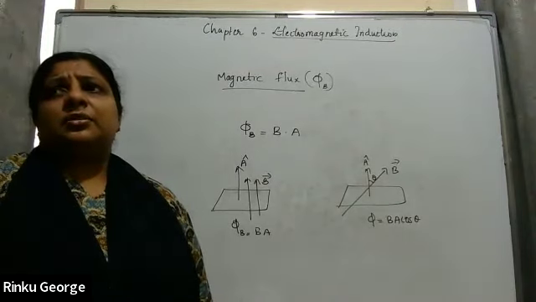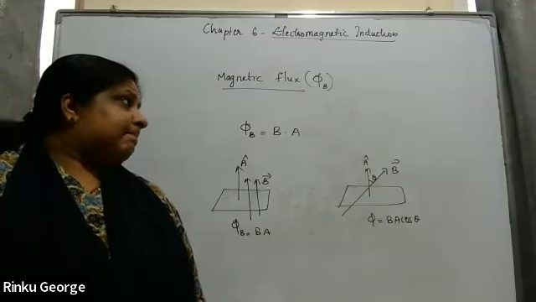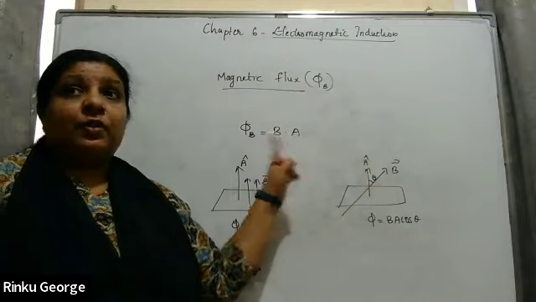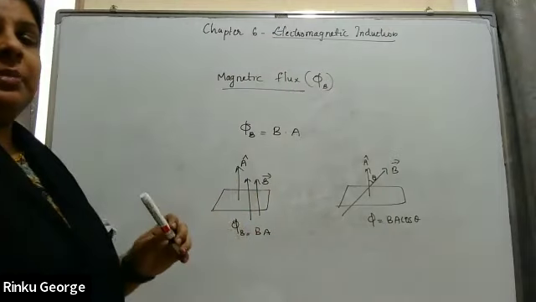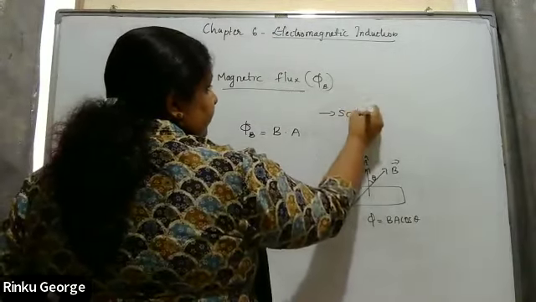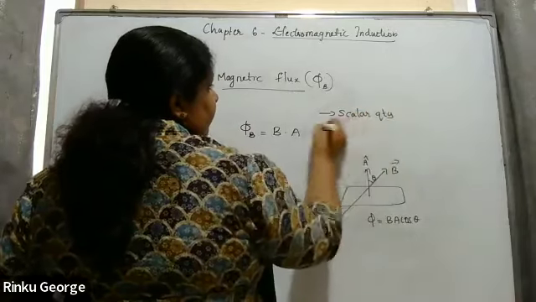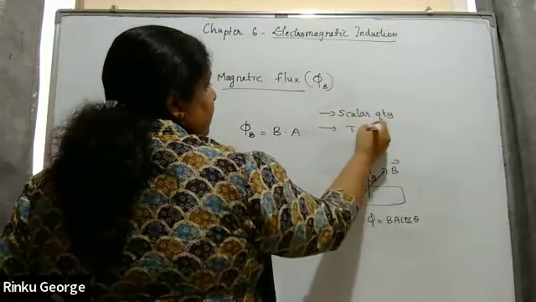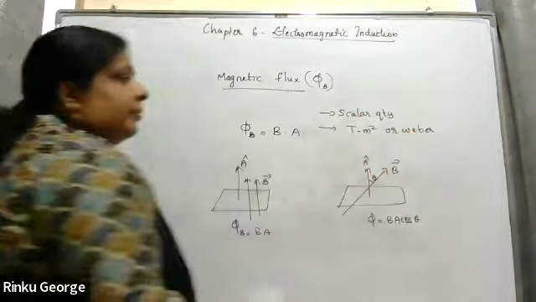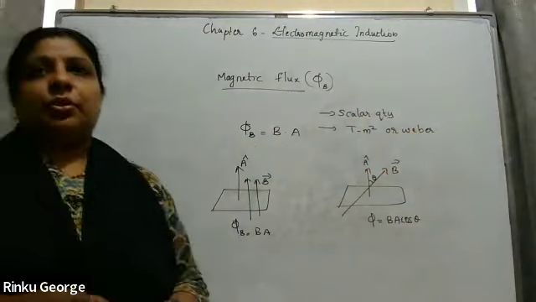What will be the unit? Tesla meter square or Weber. So it is a scalar quantity. Unit will be Tesla meter square or Weber.